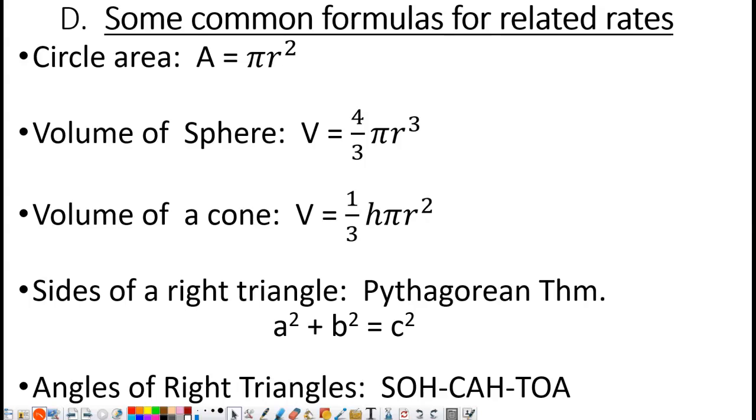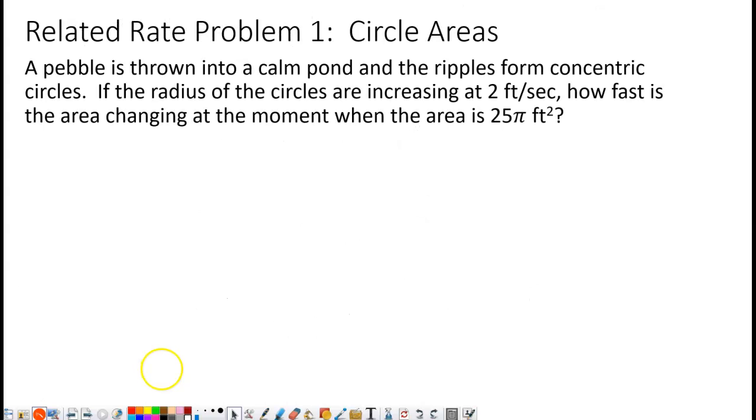Those are things that pertain to circle areas, sphere volumes, cone volumes, right triangle geometry, which usually involves the Pythagorean theorem, and even sometimes every once in a while they'll throw in some angles of right triangles, which involves SOHCAHTOA. Sine is opposite over hypotenuse, cosine is adjacent over hypotenuse, and so on. So those are the kinds of problems we'll be looking at over the next few days. All right, so let's take a look at our very first problem.